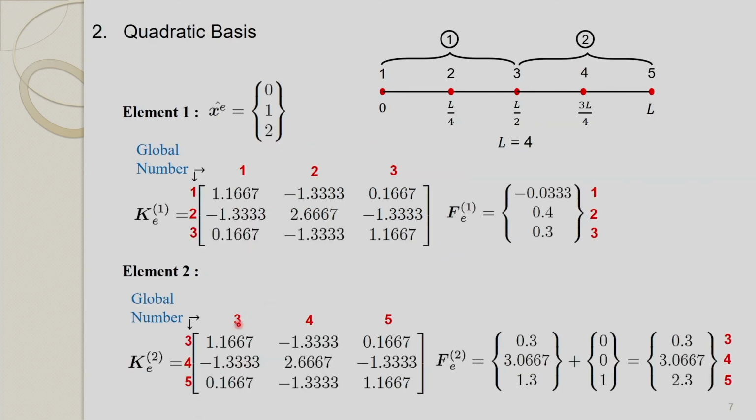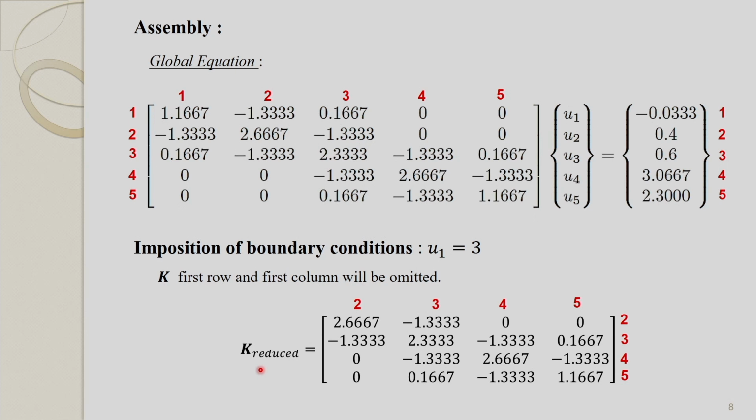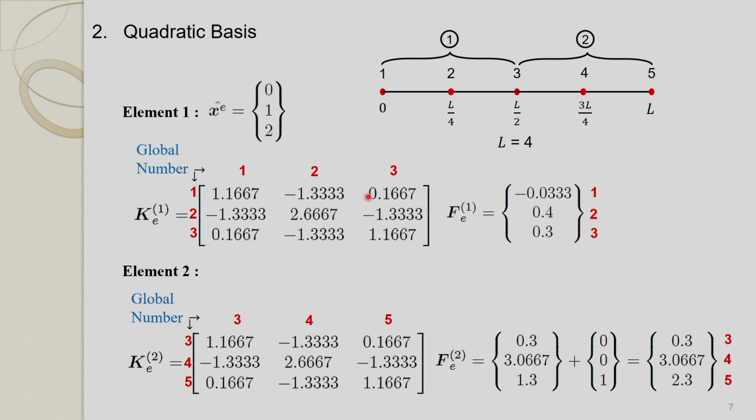Fourth row, third column, minus 1.3333. Fourth row, fourth column, 2.6667 comes from the fourth row, fourth column.